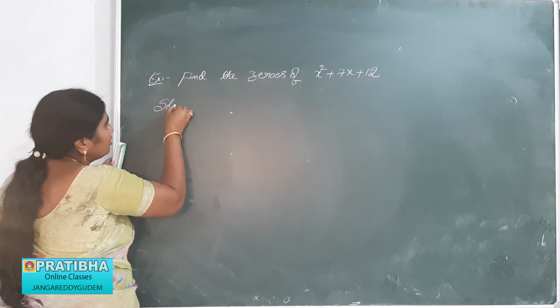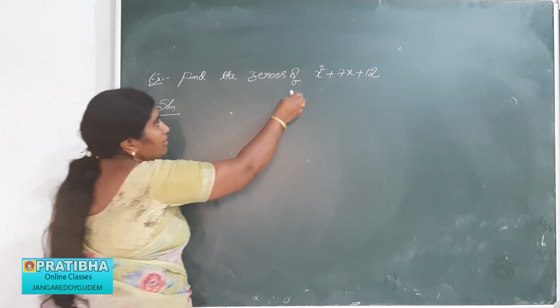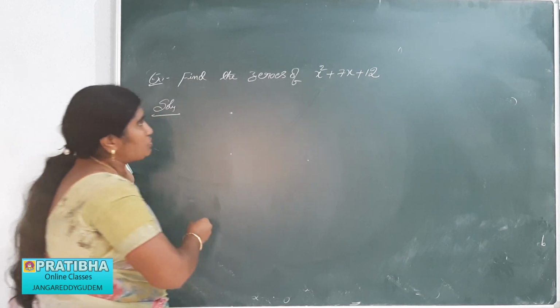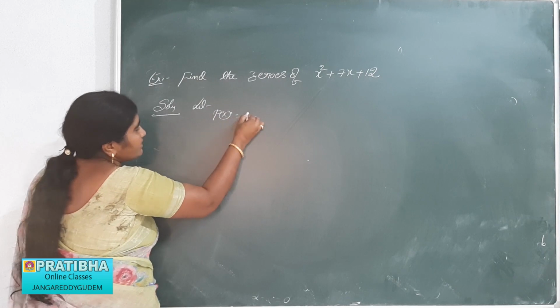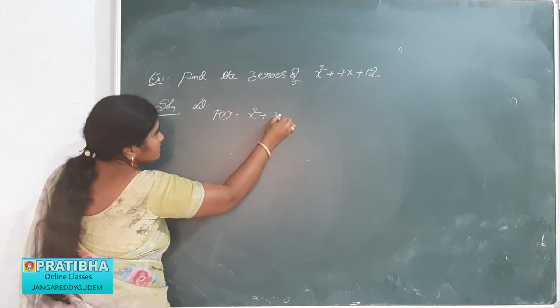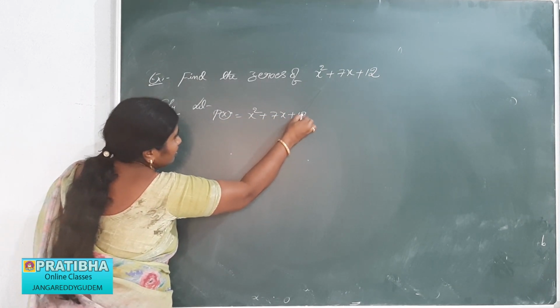Solution. First, x square plus 7x plus 12. Let p of x equal to x square plus 7x plus 12.